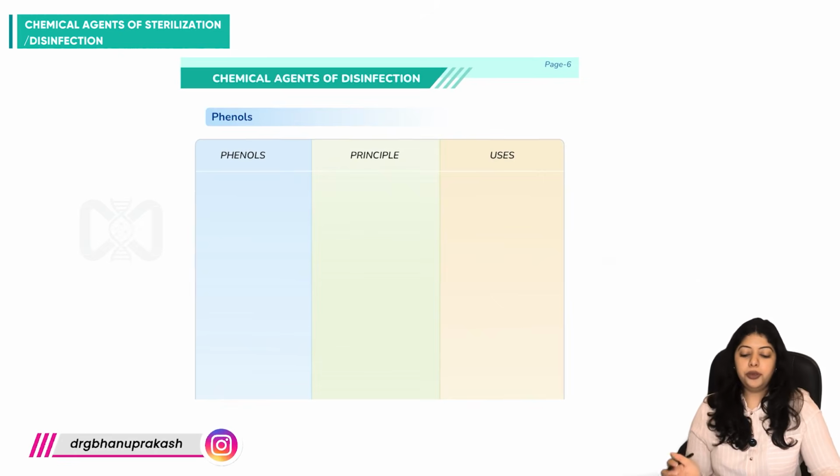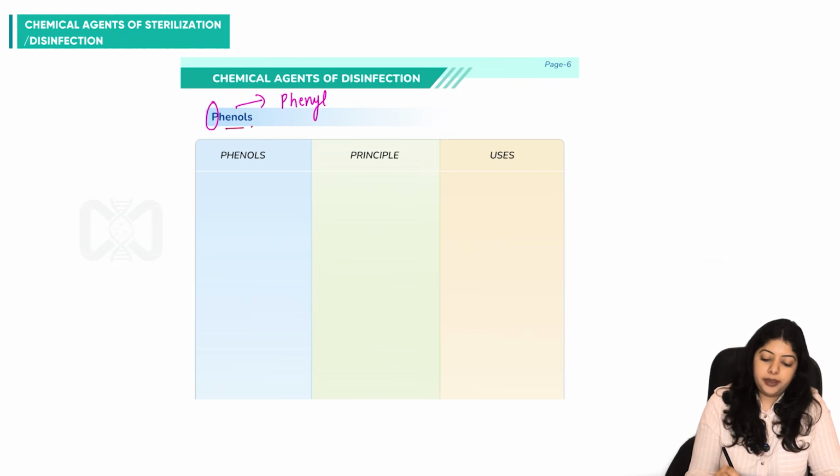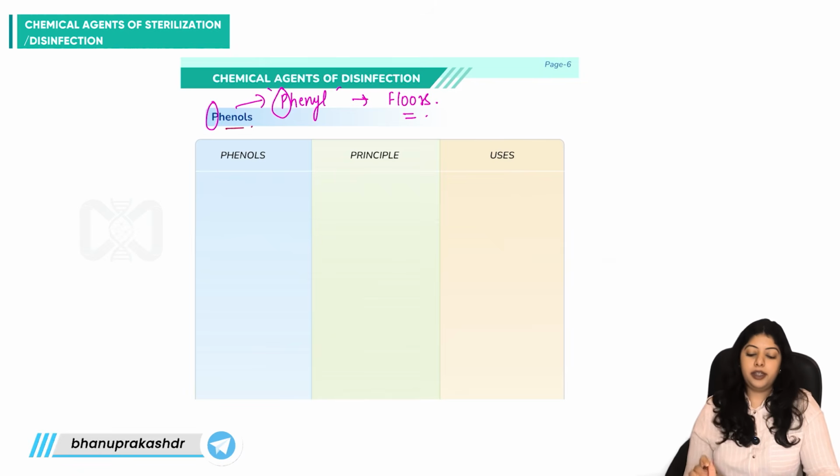Now moving on to the next category, that is phenols. With phenols, we have already discussed. Let us learn it with the help of the mnemonic phenyl or fluors. Right?